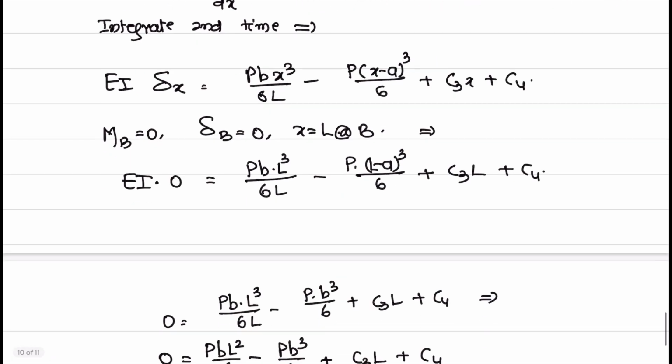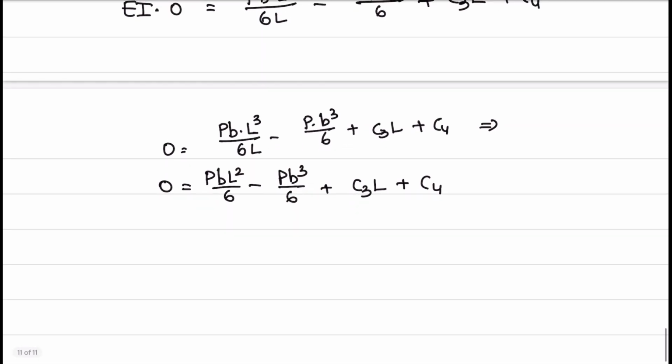EI delta x is equal to... but at A, at x is equal to A, the slope and deflection are continuous.